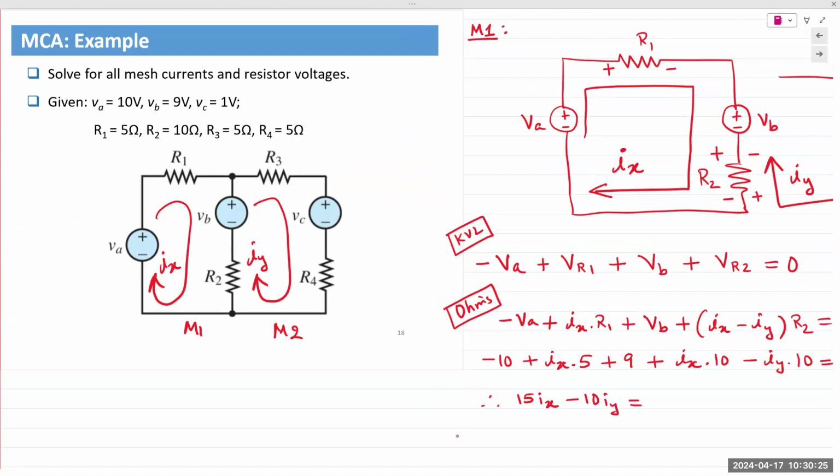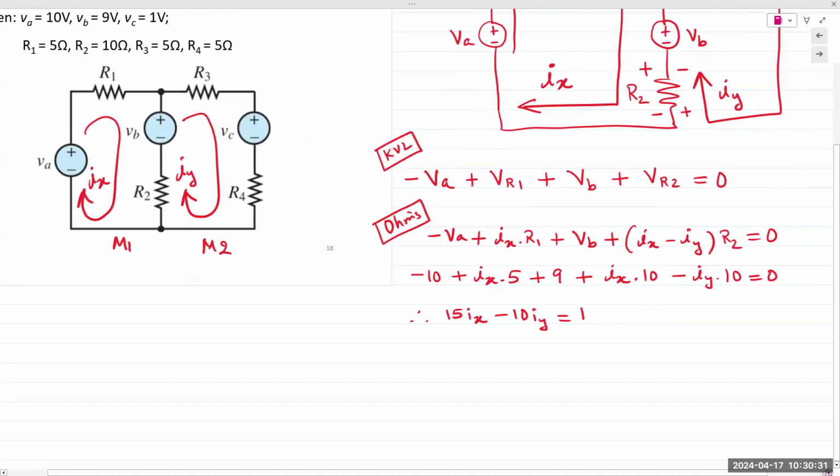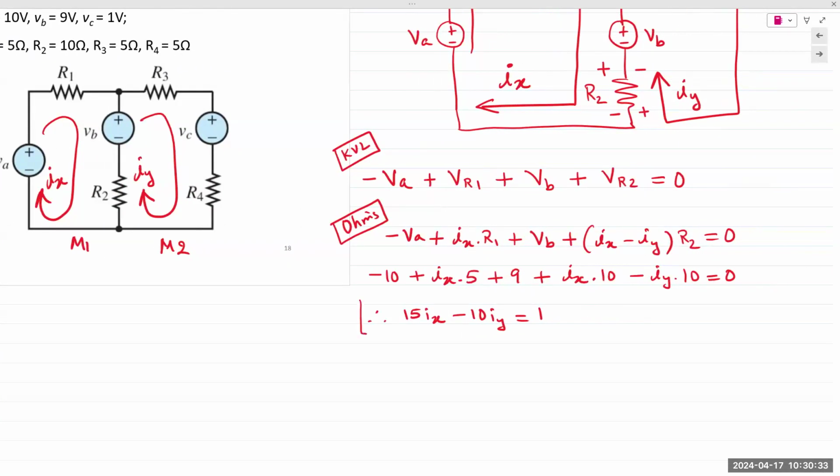Minus 10 plus 9 is minus 1, sorry, and take it to the other side, becomes 1. And I will label this as equation 1. Do you all have the same? Hopefully.